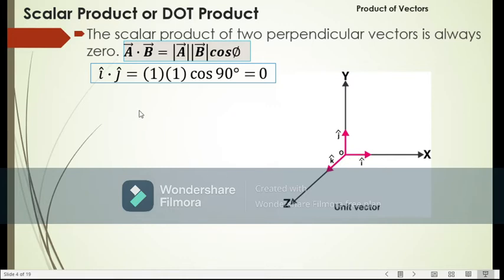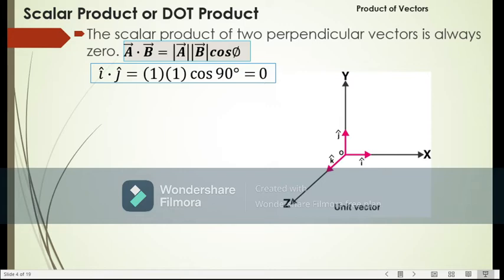So if we follow the general formula, i dot j is equal to the magnitude of i, which is 1, times the magnitude of j, which is also 1, times cosine of the angle. And this angle is the angle between i and j, which is 90 degrees. Calculating this, it will give us a result of 0.